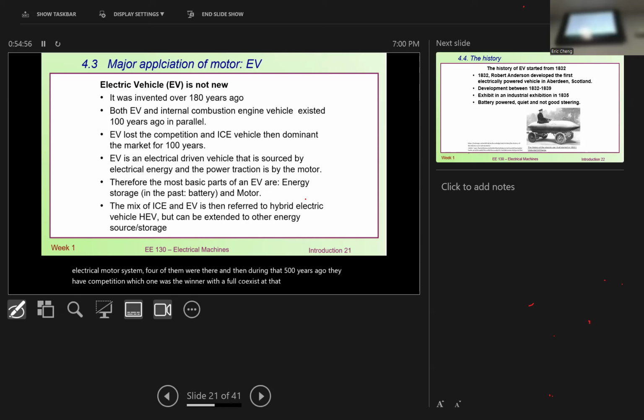EVs at that time were really good because they had zero emissions and were easy to make, with only copper wire, some magnetic core, and a little transformer. But the key issue at that time was energy storage.